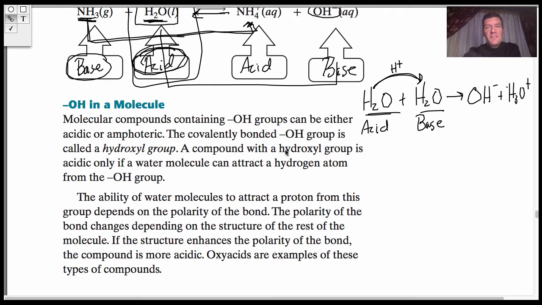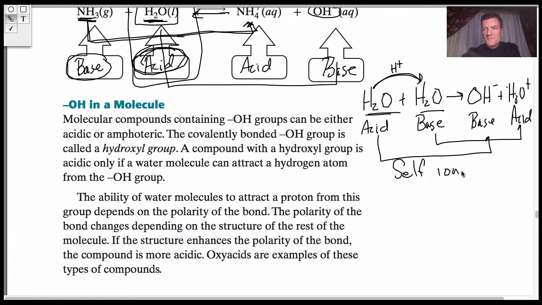It's the same substance, but it's acting as an acid, and the other one has to act as a base. And on the other side, you've got your base and your acid. This is called, you must write this down, the self-ionization of water.